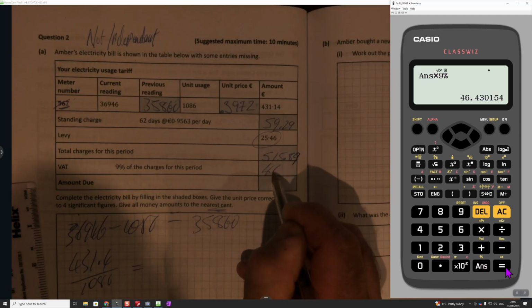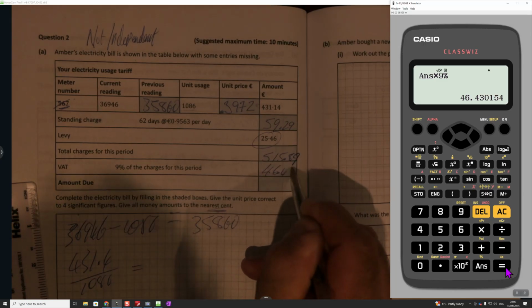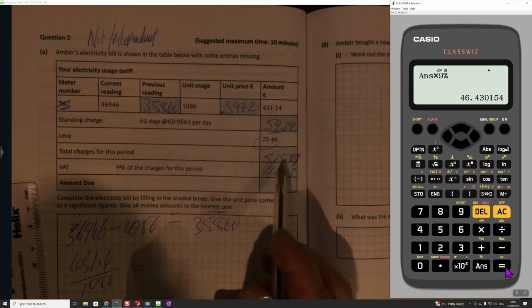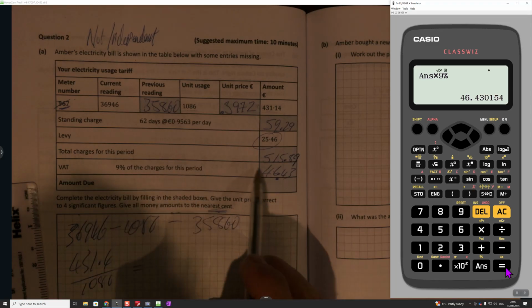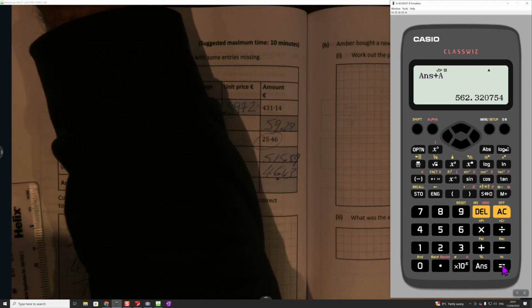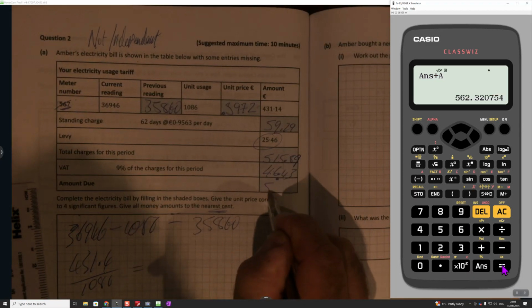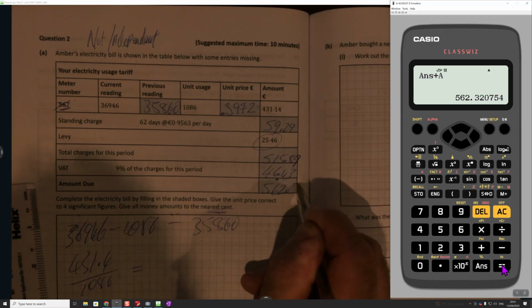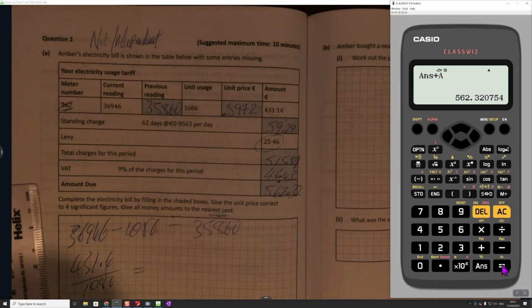Okay, which is 46.43, and then total amount. So I need to add these 2 numbers. Now I've already got this in as A, so I'm just going to say plus, and I'll recall A. We get 562.32. Okay.